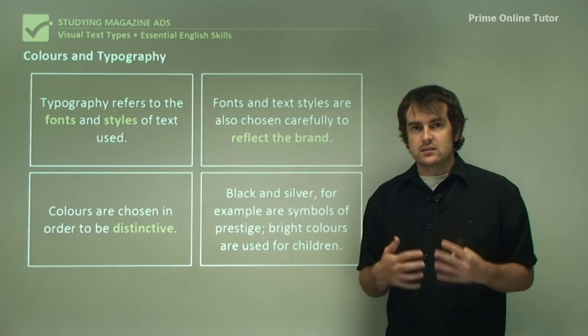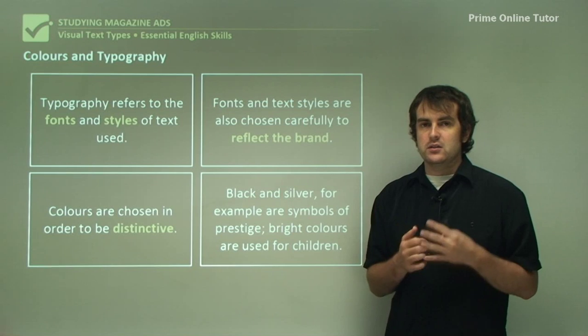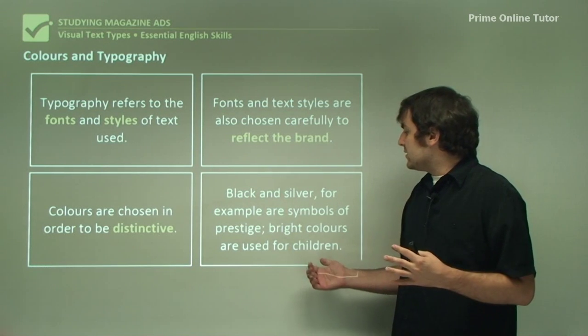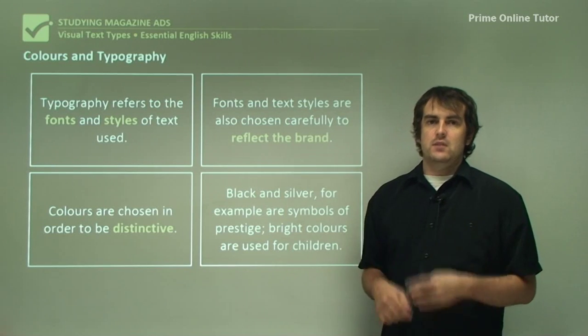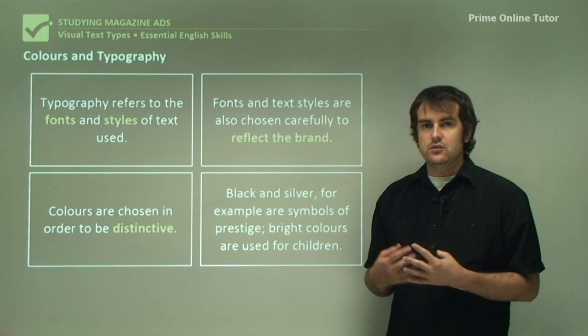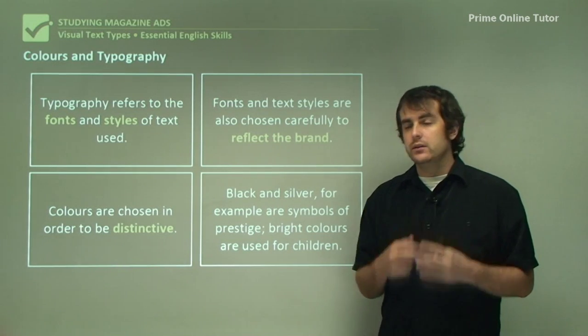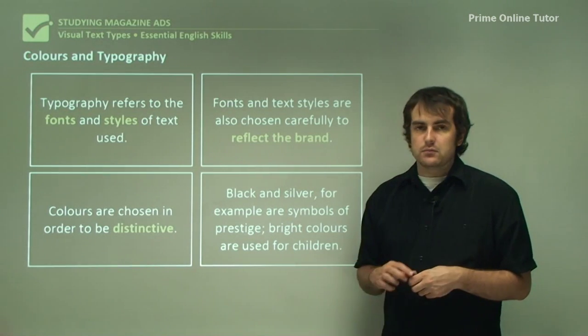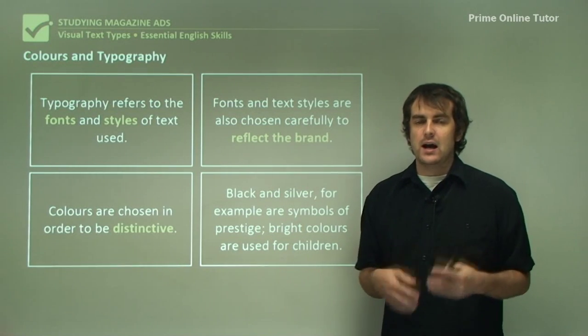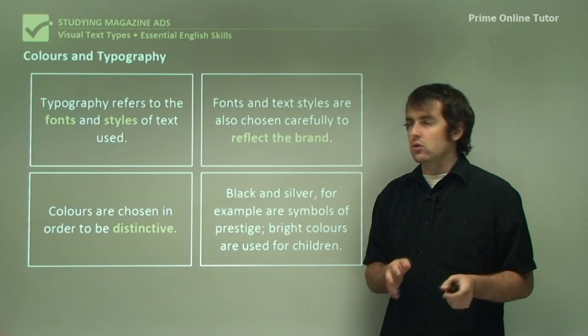You'll see a lot of black and silver, because that's trying to promote it as being a prestige brand, one that's like silver and gold. Whereas the bright colors for children are happy. They grab the short attention spans of children and use that pester power of I want, to attract them. So they're colors which basically help to set the ad apart, what it's trying to do, and who they're trying to talk to.